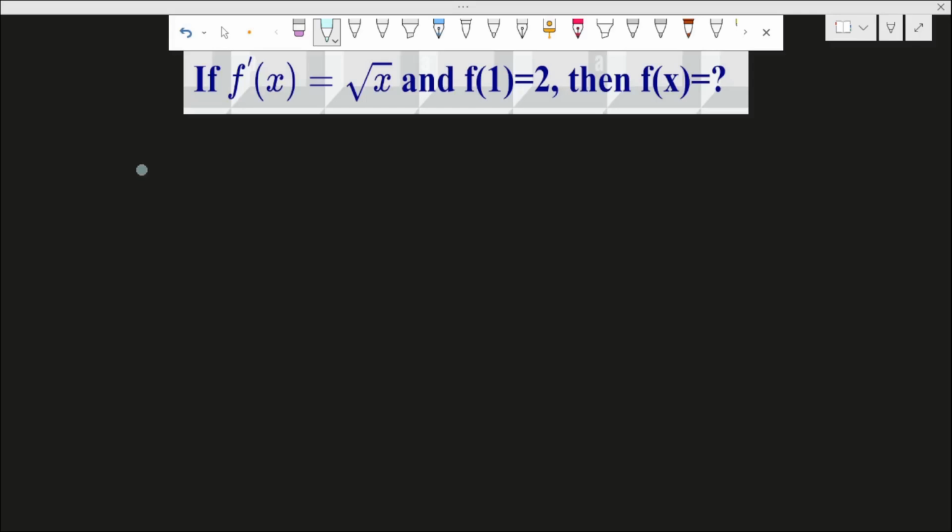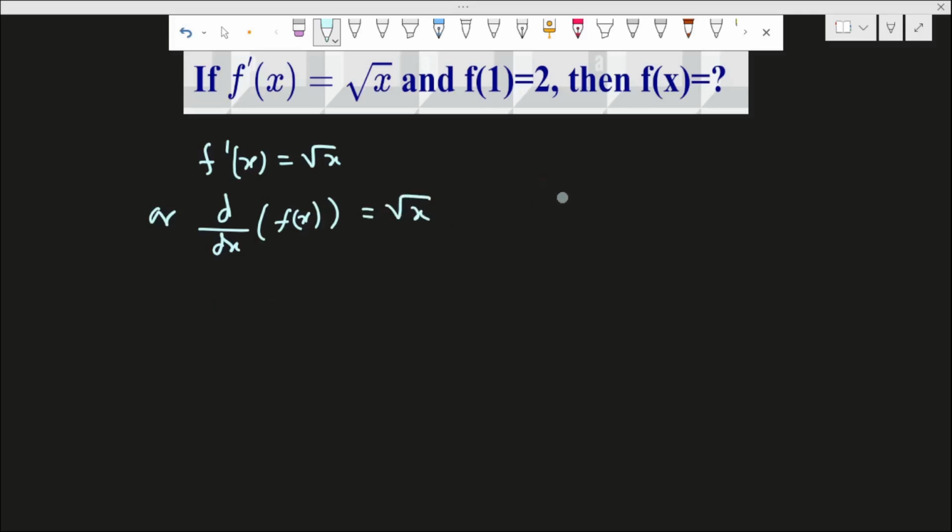Find the function f(x). Consider the first given condition, f prime x equal to root x. What is meant by f prime x? We may write d/dx of f(x) equal to root x.